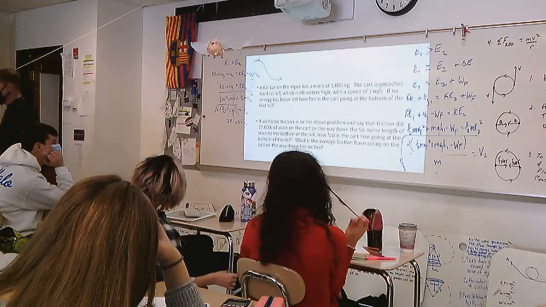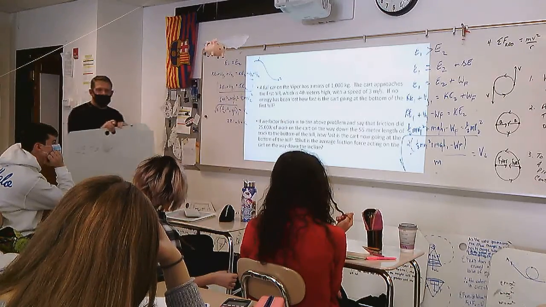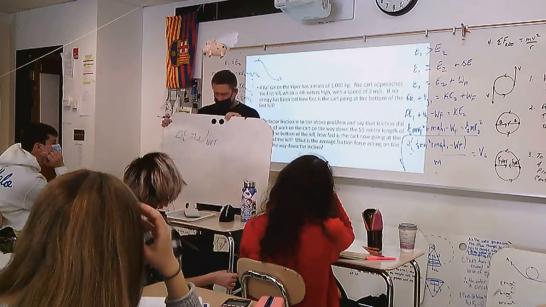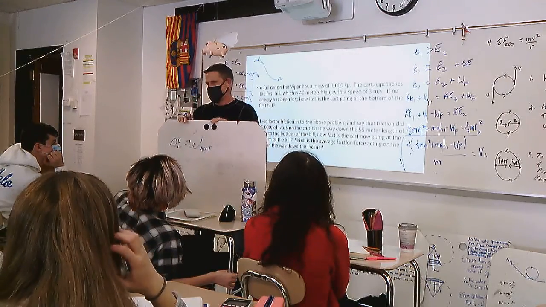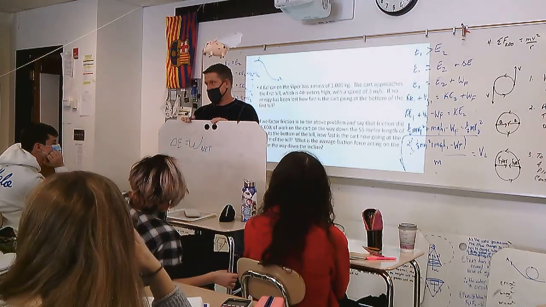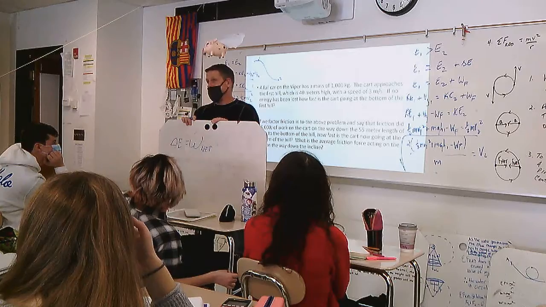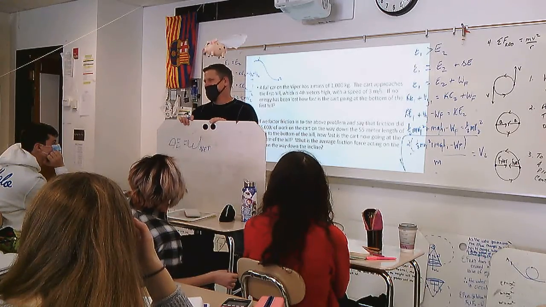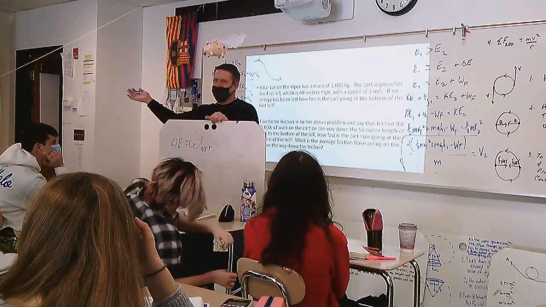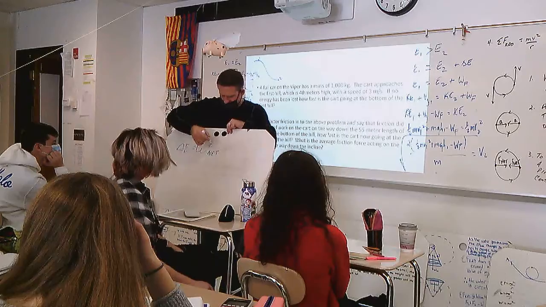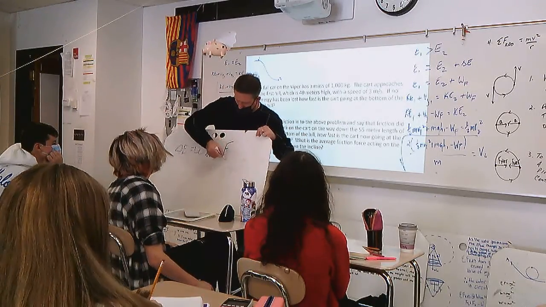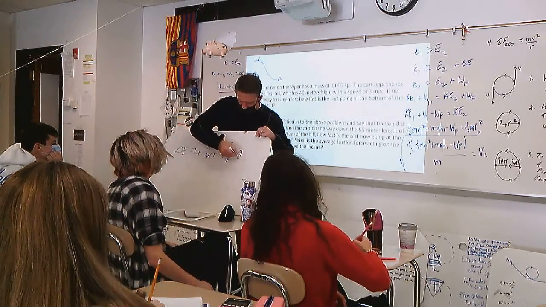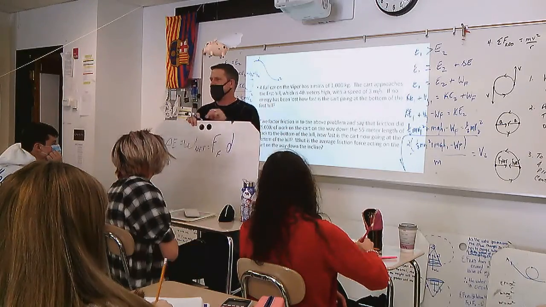Because remember, if my change in energy is equal to the net work, how do we calculate work? F times delta x, or F times D in this case because it's kind of slanted, right? So that net work for friction would be equal to the force of friction times the distance traveled.